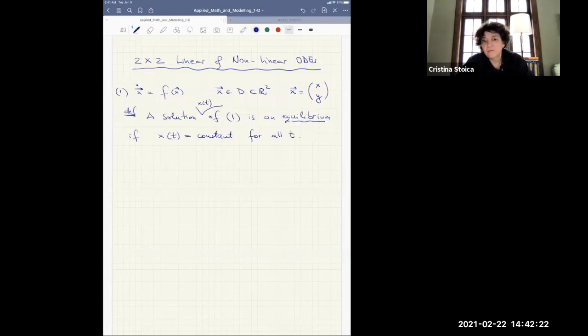So it doesn't move. This is an equilibrium solution.